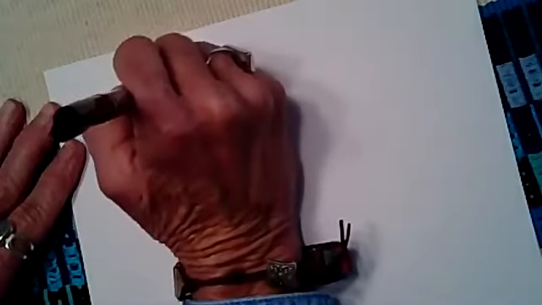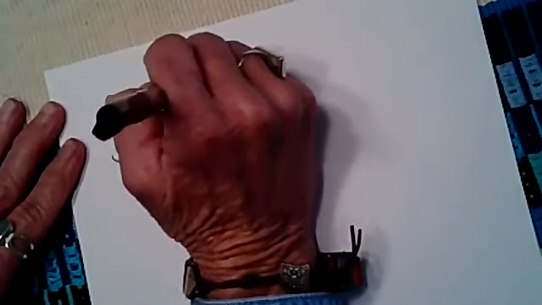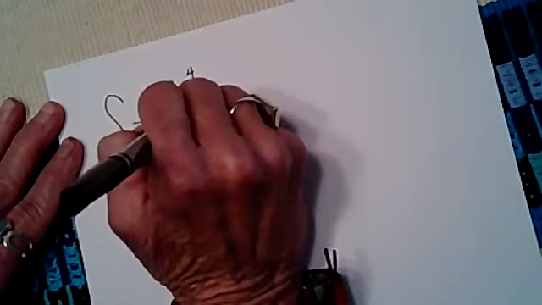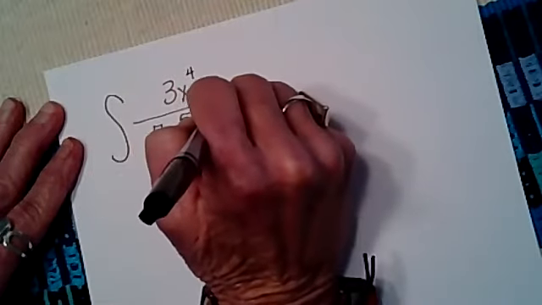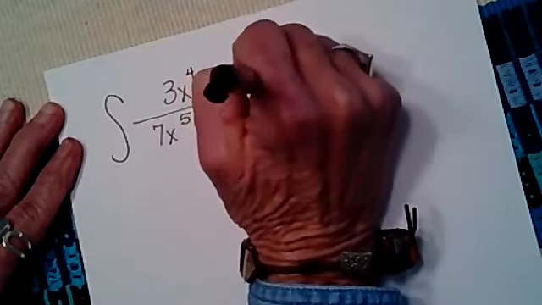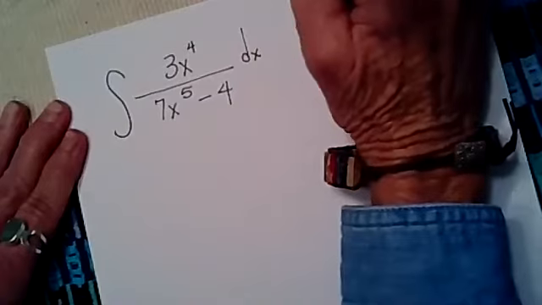Let's do the integral of 3x to the 4th over 7x to the 5th minus 4 dx. And it says use substitution.